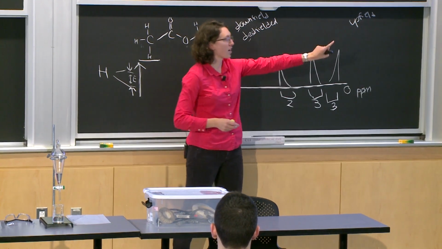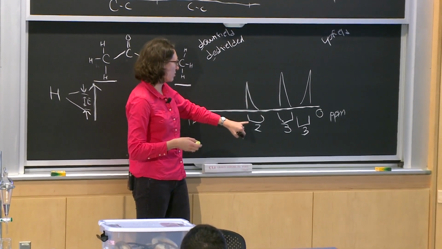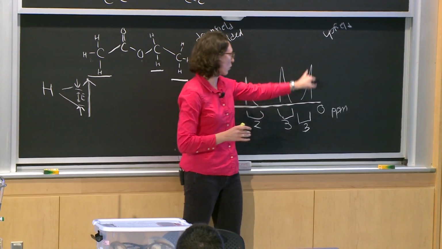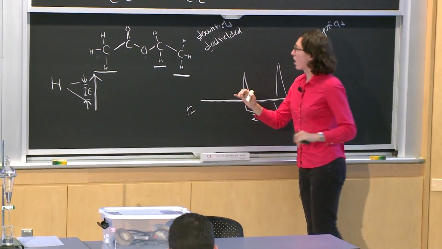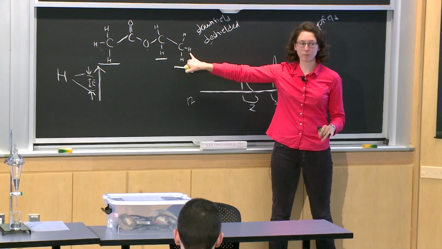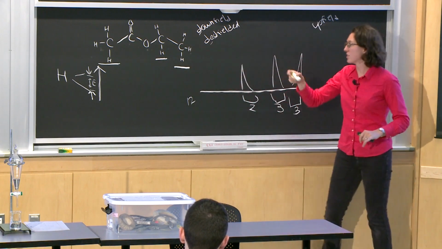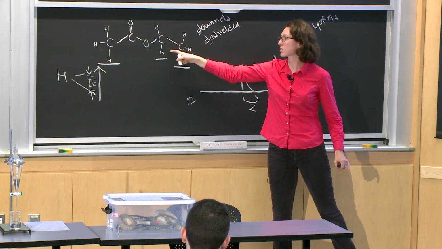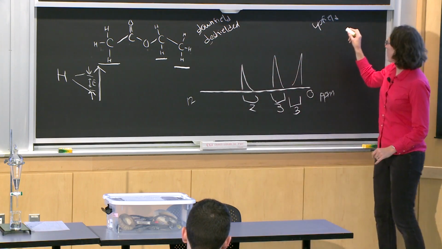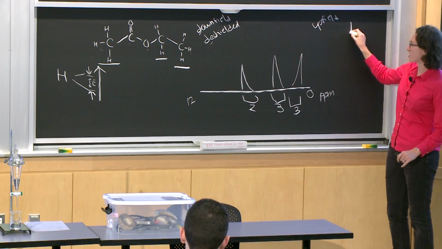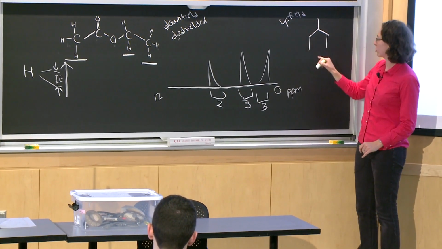You can also use the coupling, which is what is going to break these signals into not just one peak, but it'll be a few. So coupling happens when there are protons that are next to each other. So this methyl group is next to 2 other protons, right? And so each of its neighbors will split this signal 1 time. So if you have your signal and it gets split once, then you have 2 signals.